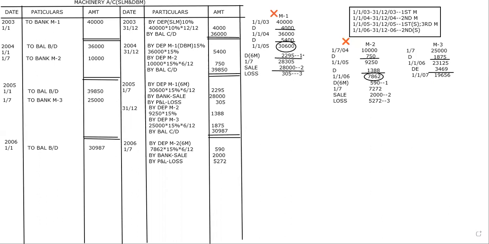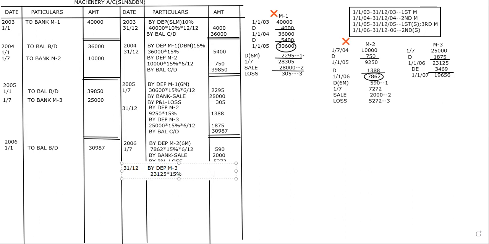Now I'm going to draw these things into my accounts. That is first, 31st December. I'm going to write by depreciation on machine number 3. Here is how I calculated: 23,125 into 15%.